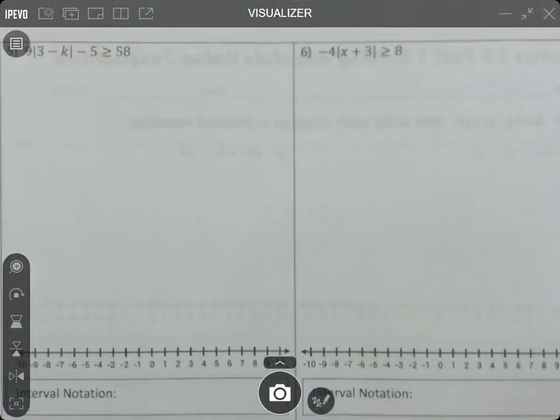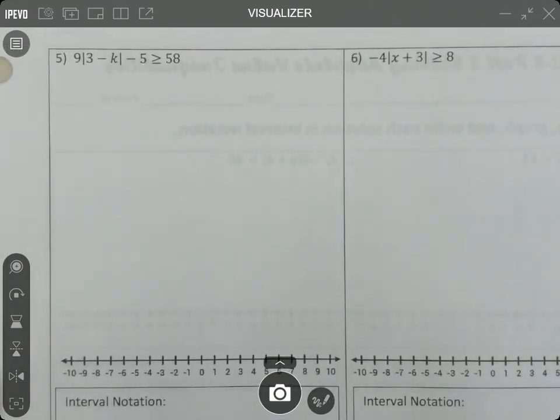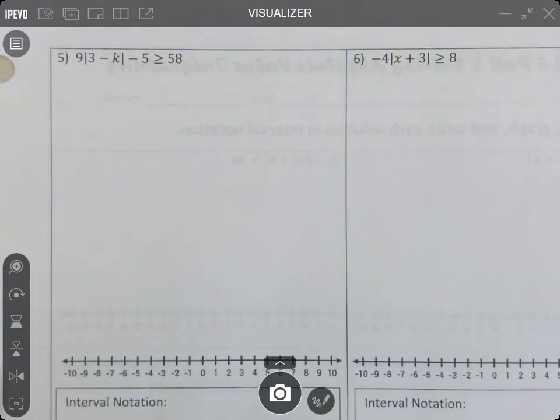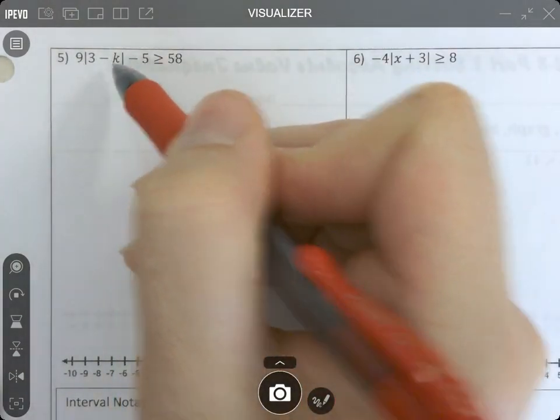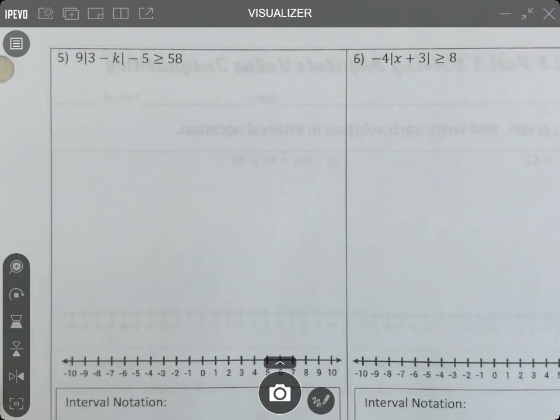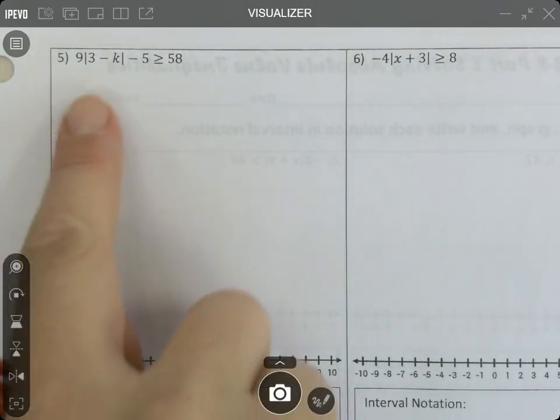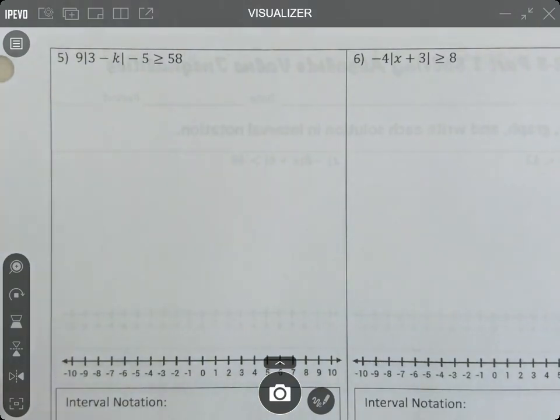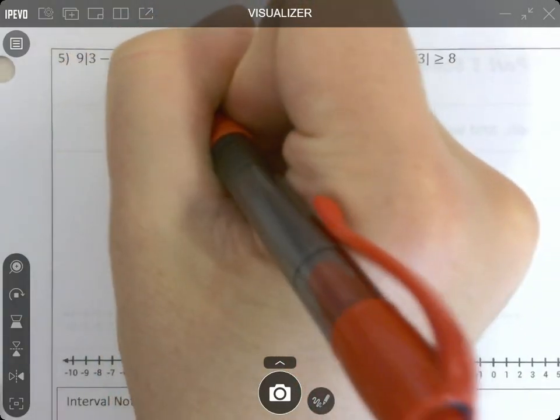All right. Well, the mistake that a couple people were making was they were trying to distribute the absolute value. What's inside is grouped in parentheses, but the absolute value is not treated like parentheses. Nothing in, nothing out. So 3 minus k doesn't change. Do we get rid of the 9 or the minus 5 first? So we're going to add 5. Okay.